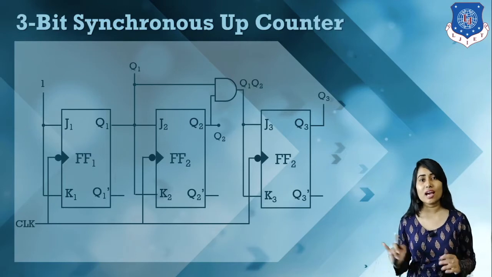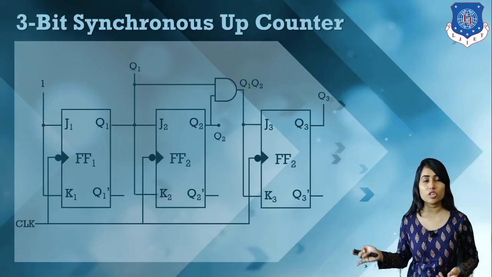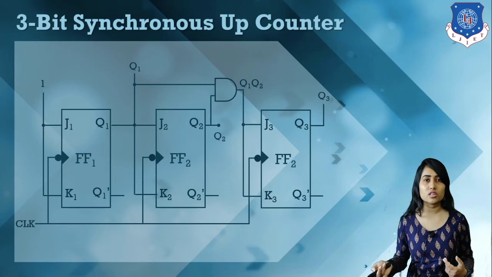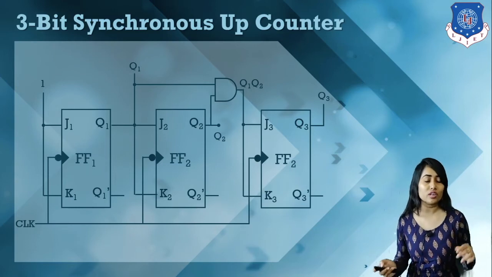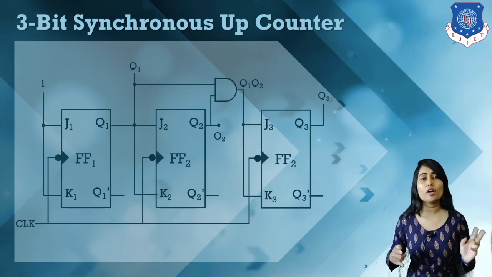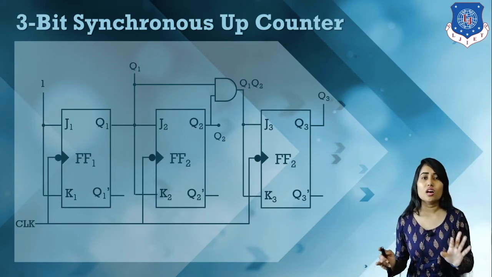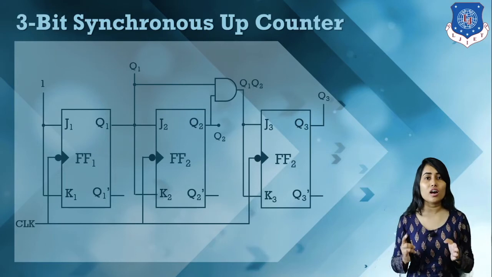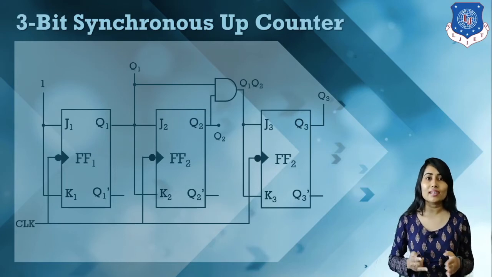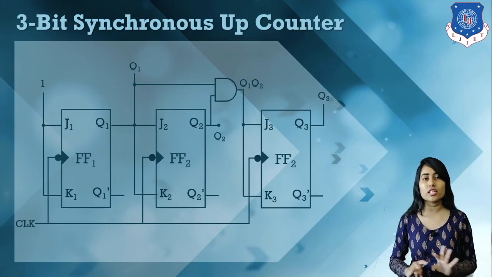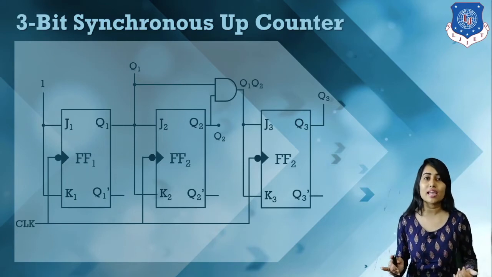Now here we have applied negative edge trigger flip-flops. We can also use positive edge trigger flip-flops. In this synchronous counter, negative edge trigger or positive edge trigger flip-flops don't change our output. It just changes whether our output will be provided at a negative edge or at a positive edge. That's the only change between negative edge trigger and positive edge trigger flip-flops.